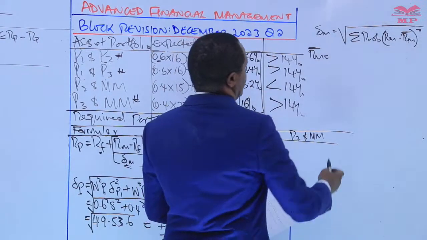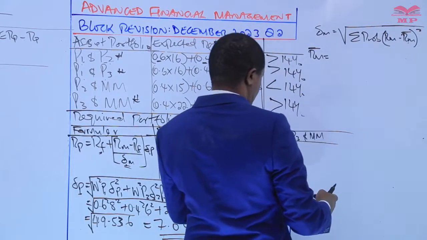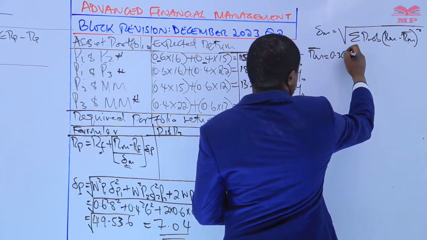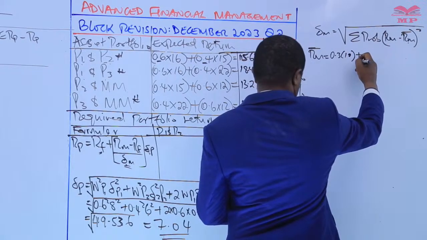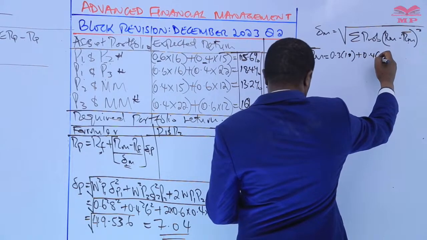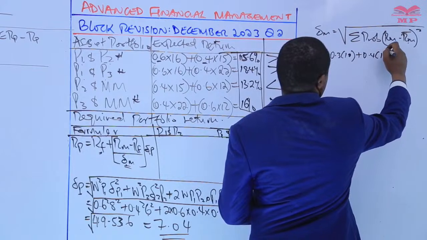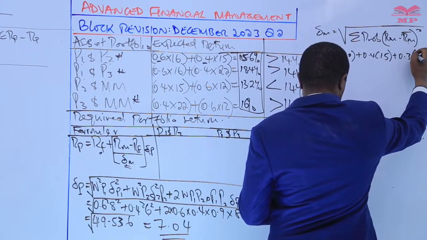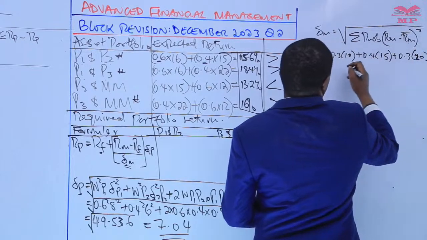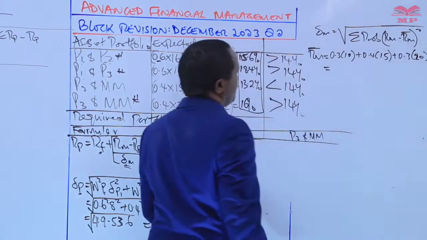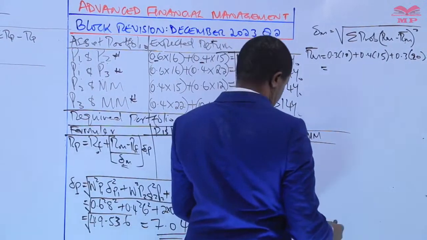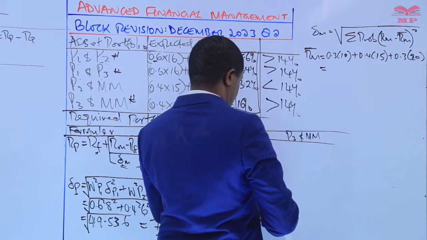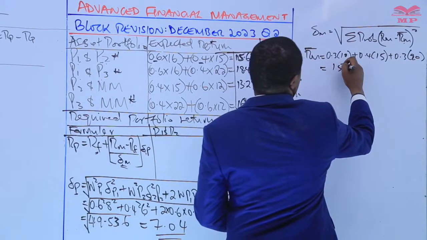And therefore, the expected rate of return will be 0.3 times 10 plus 0.4 times 15 plus 0.3 times 20, which is equal to 15%.